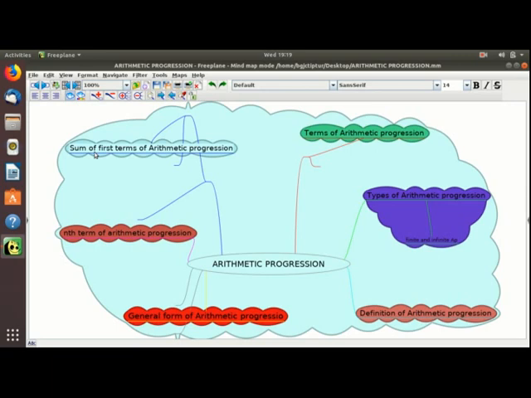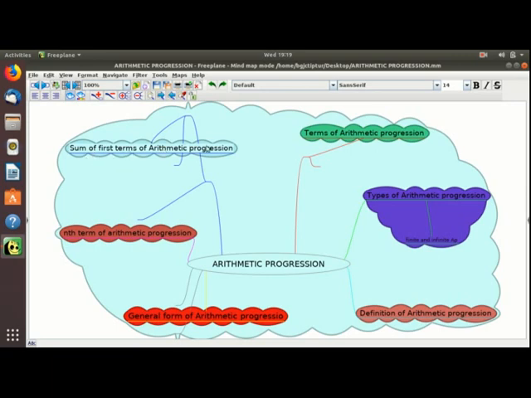Reena applied for a job and got selected. She has been confirmed for the job with a starting monthly salary of 8,000 rupees with an annual increment of 500 rupees. What would be her monthly salary for the 5th year? And what is her total salary for one year?